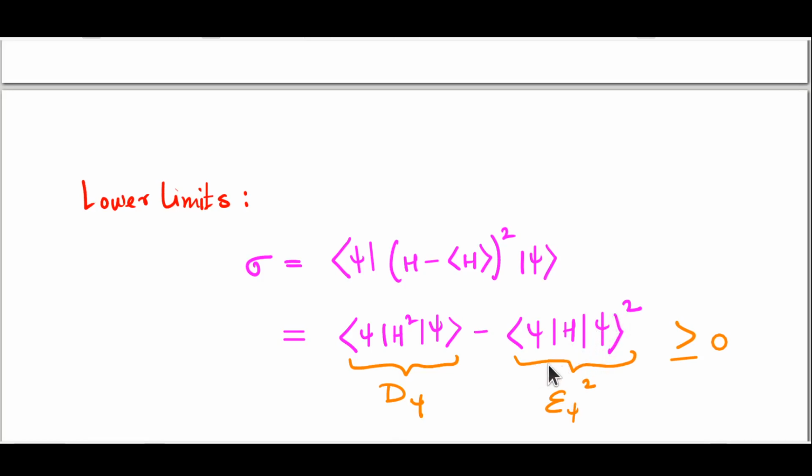And you all know that this quantity has to be non-negative, simply because H being a Hermitian operator, H minus expectation value of H is also a Hermitian operator, so its square is a positive definite operator. Now, it is this bound on sigma, that sigma has to be non-negative, which helps us to find a lower limit to some energy eigenvalues. So how does this work?